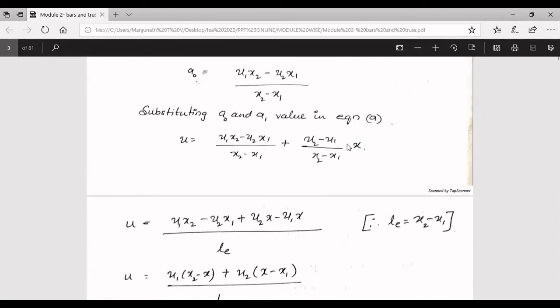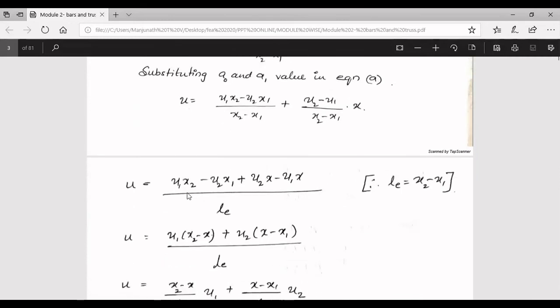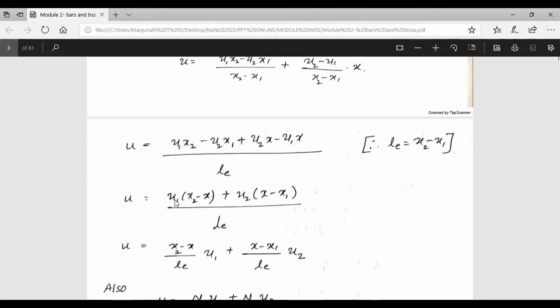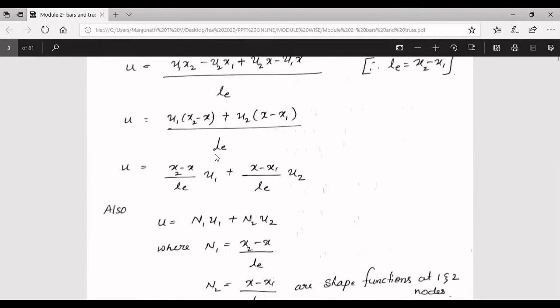Multiplying this x with this, we get u1 x2 minus u2 x1 plus u2 x minus u1 x, because we know that here we can take LE in place of x2 minus x1. Taking u1 as a common factor from these terms, we get u equal to u1 into (x2 minus x) plus u2 into (x minus x1), divided by LE.